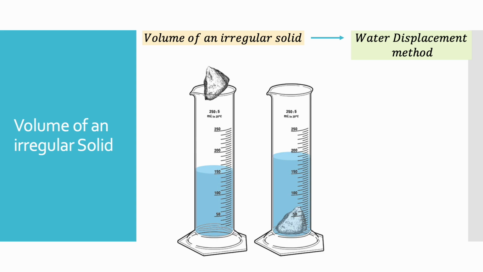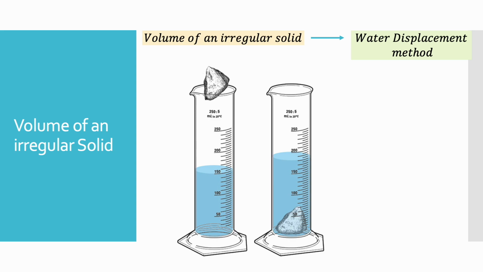Now what will happen? The water level rises. The increase in water level tells us the volume of the object. So if the water level rises from 150 milliliters to 200 milliliters, let's say, the volume would be 200 minus 150. That would give us 50 milliliters.